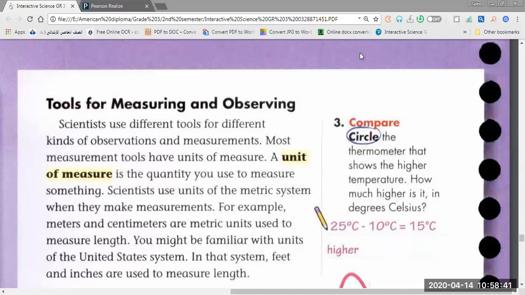We already talked in the previous video, as an introduction, about the importance of the tools for scientists. And we said we have four importance for the tools. We can use tools to observe or to measure, like volume, length, distance, mass, and so on.